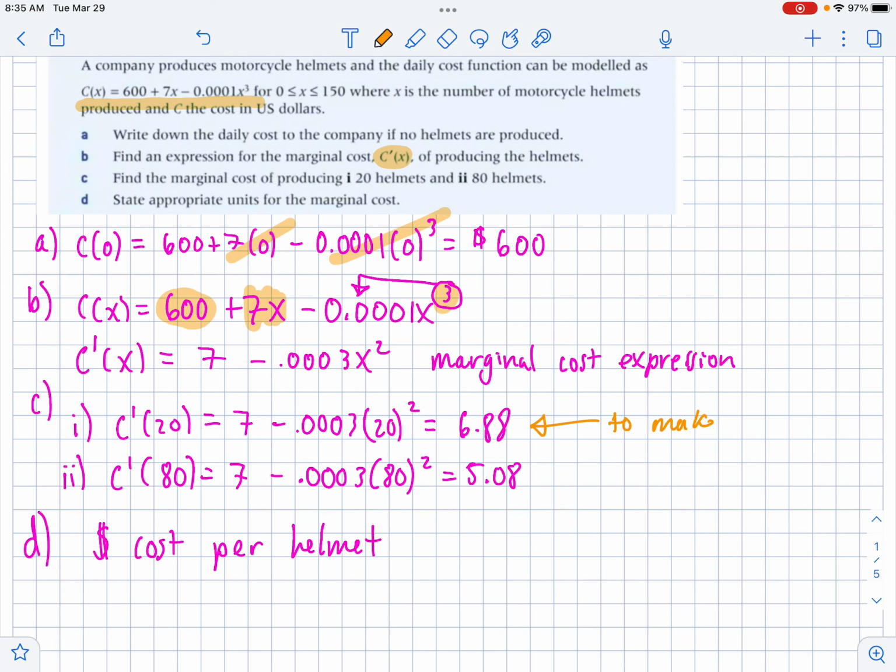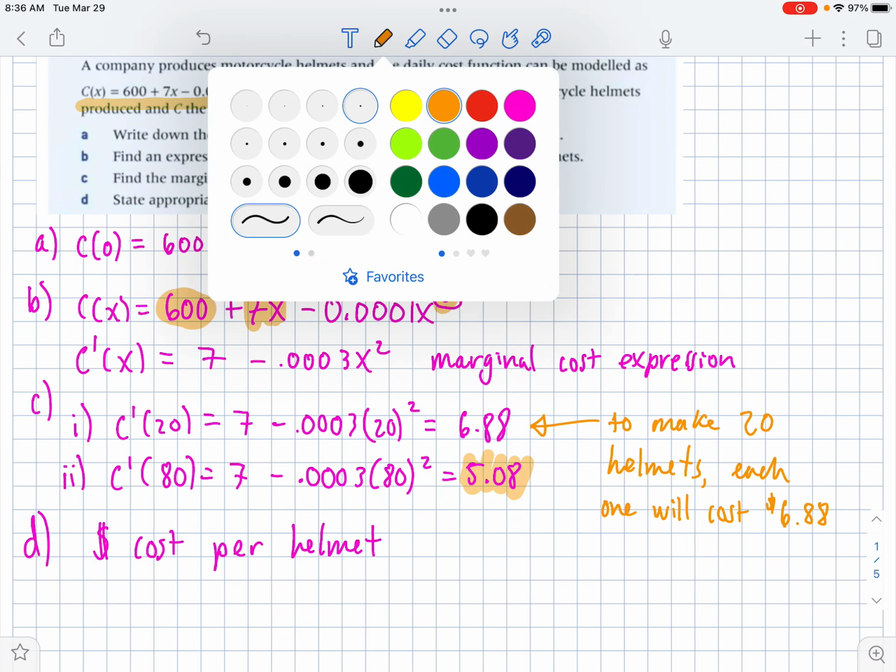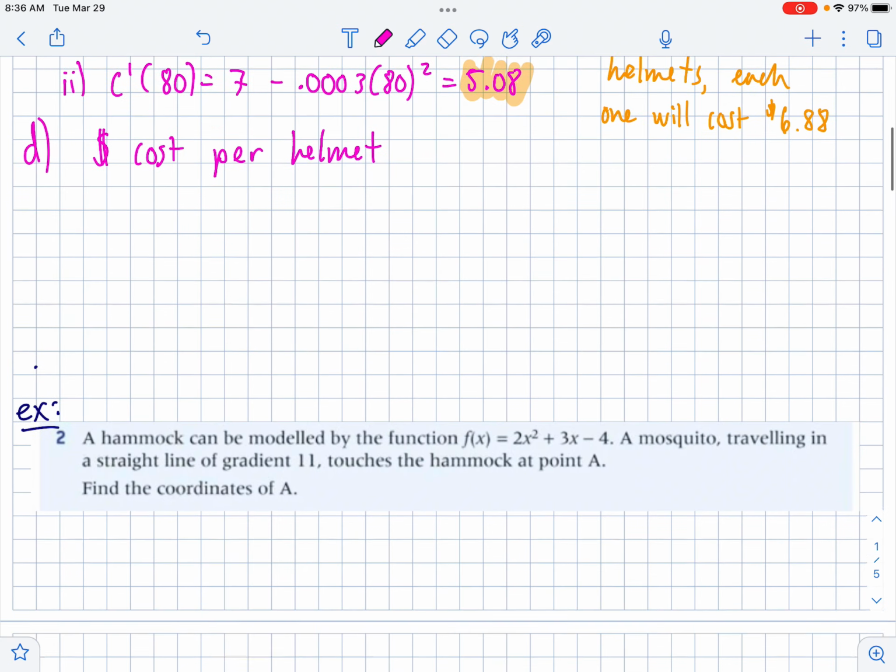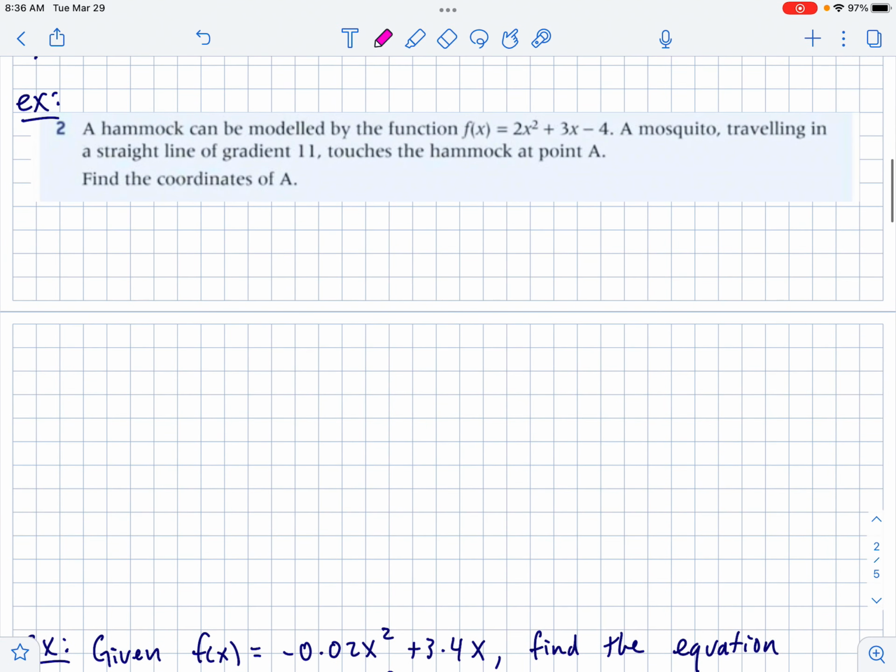The interpretation here is that to make 20 helmets, each one will cost $6.88. And then if you make 80 helmets, each one is going to cost about $5. So notice that the cost keeps going down the more you make, and that's up to 150 helmets.